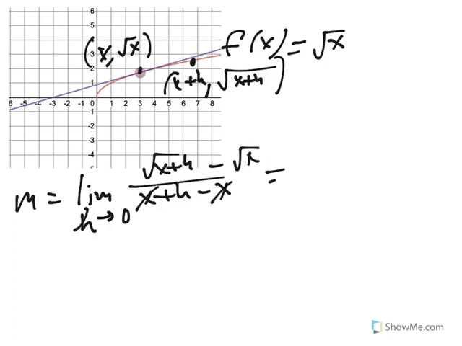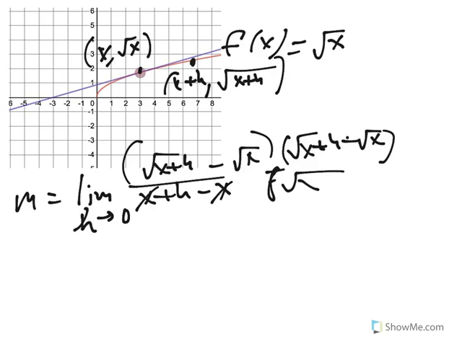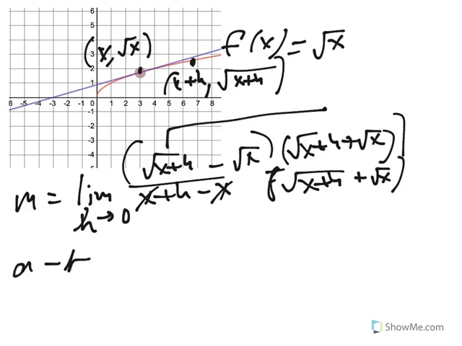Those x's can cancel. This numerator, if we multiply top and bottom by root x plus h plus radical x, it looks like it's going to make it worse, but when you do a minus b times a plus b, you get a squared minus b squared.